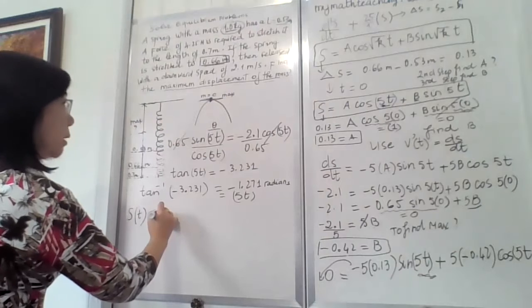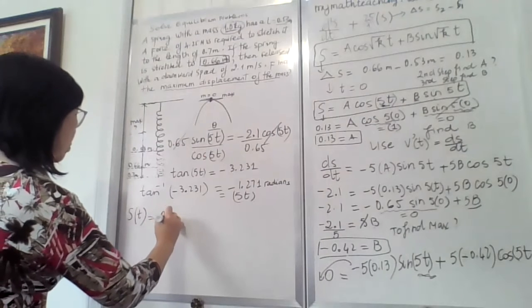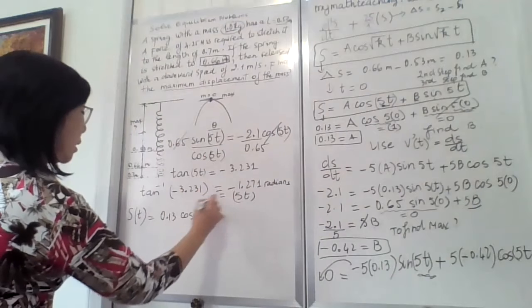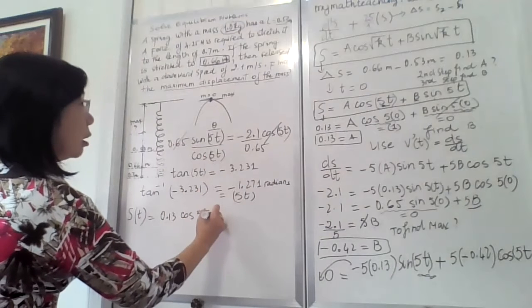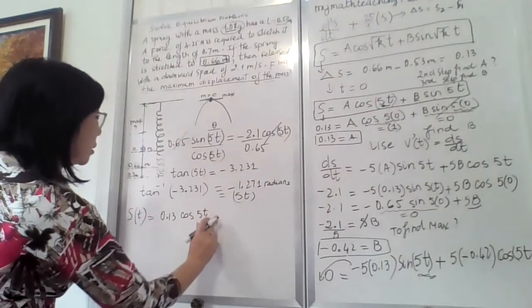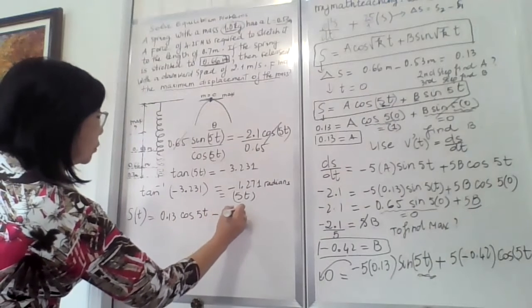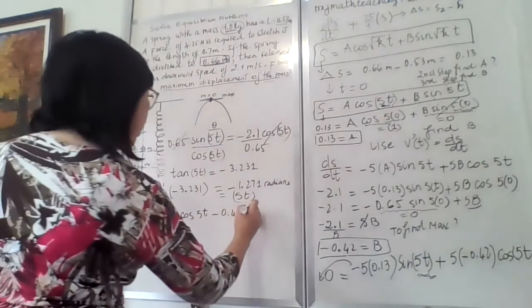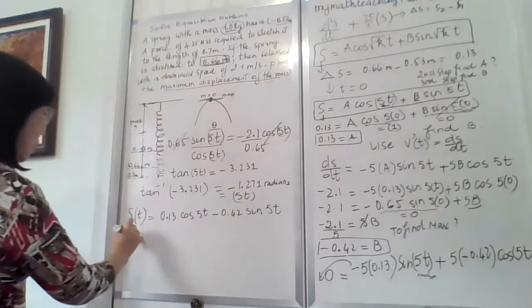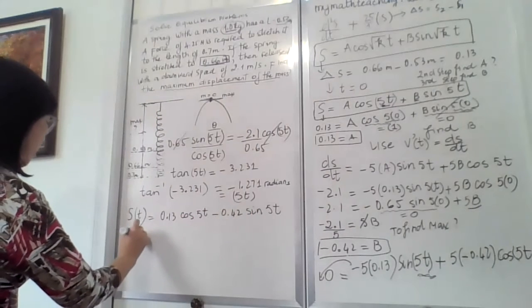Our formula is A, which is 0.13 cos of phi t, adding B, and our B is minus 0.42 sine of phi t.